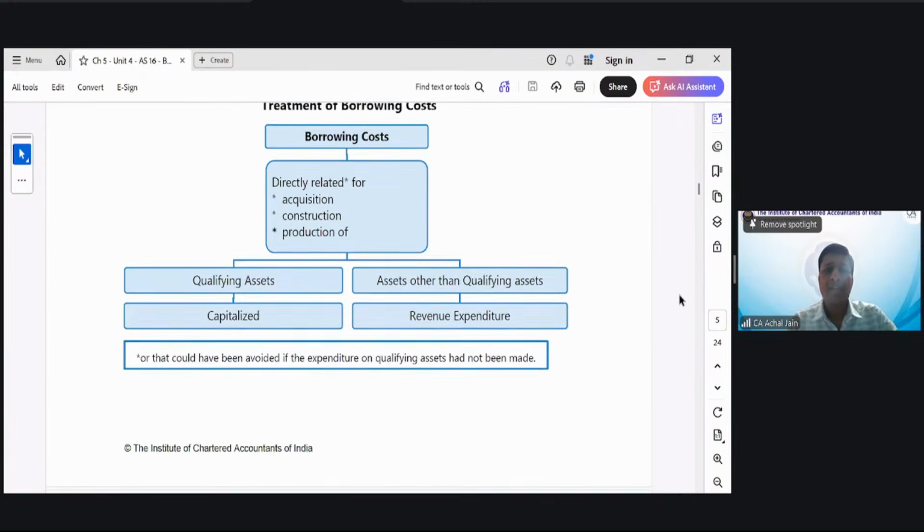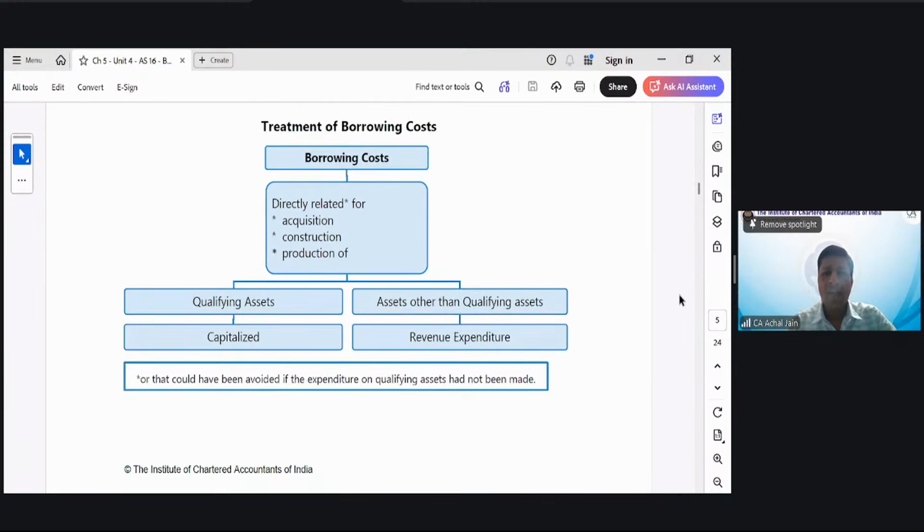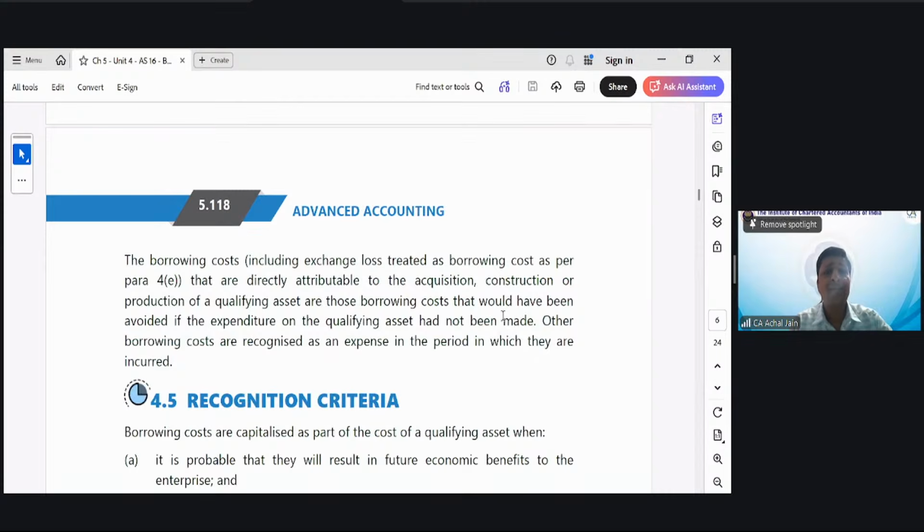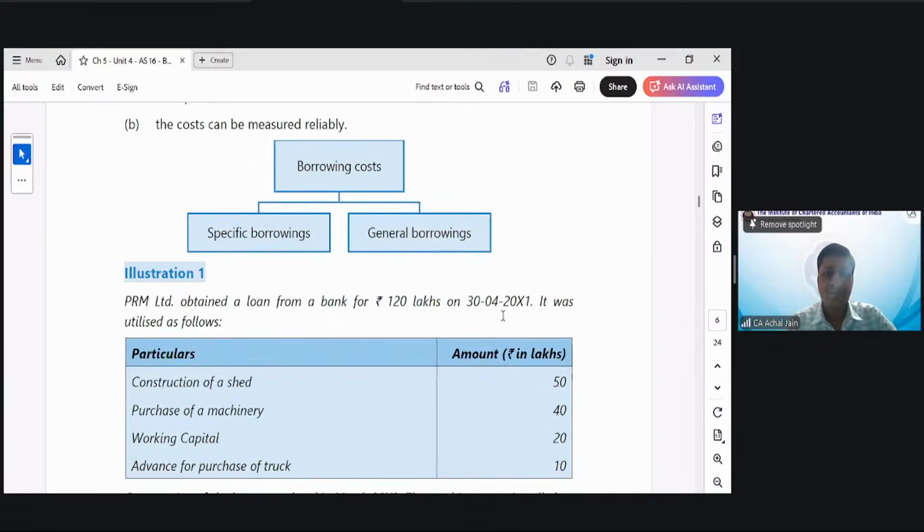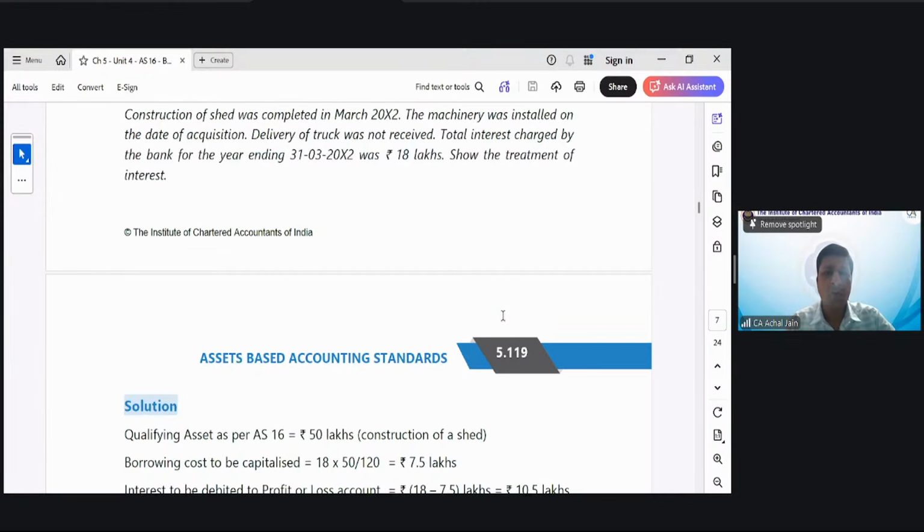Now, if you look at this chart, it's very much on the similar lines that we just discussed. Borrowing cost has to go to P&L always, except in case of qualifying assets, in which case you will capitalize it. Now, borrowing cost once again could be of various types, specific and general borrowing.